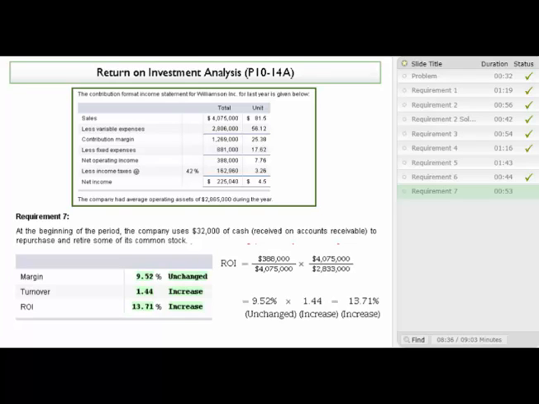And the reason why we see that is because the average operating assets will be reduced by the reduction of the accounts receivable. And as a result, the net effect is an increase in ROI when we multiply the margin times the turnover, and the new ROI becomes 13.71%.